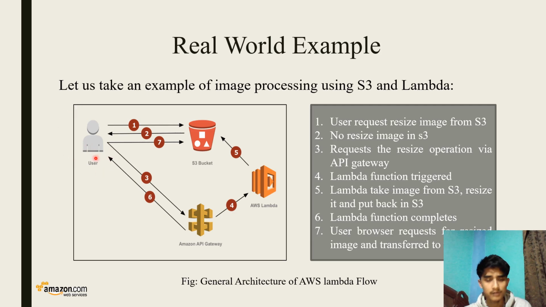In the future, if the same resized image is needed, the user directly accesses it from the bucket, with no need to run the Lambda function again and again. Here I have described all the functions shortly. So this is how Lambda works for an image processing system.